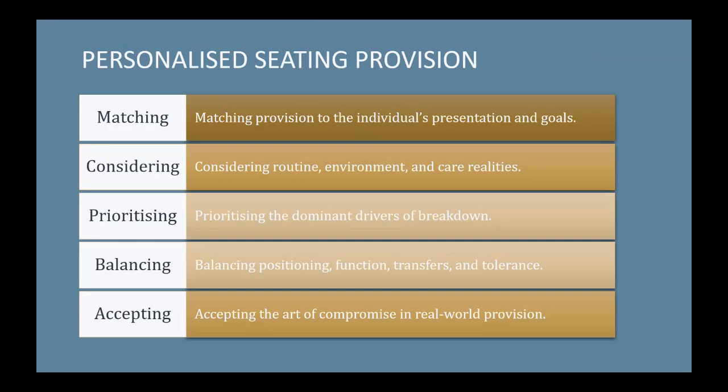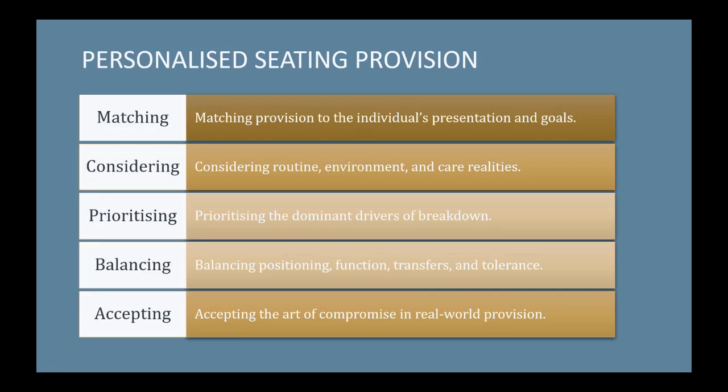It's about considering the realities around them: their routine, their environment, the care context, their hobbies, their occupation. And it's about prioritising the dominant drivers of breakdown rather than reacting to the most visible features of it, and then balancing positioning, function, transfers and tolerance, because they don't always pull in the same direction.